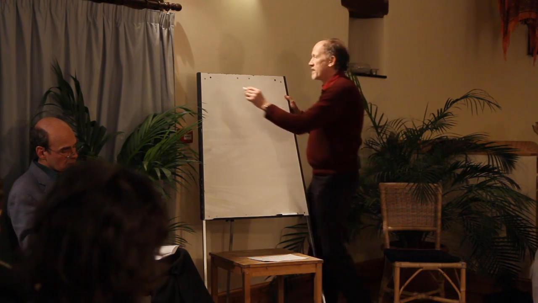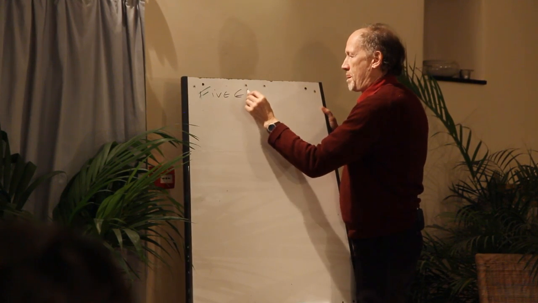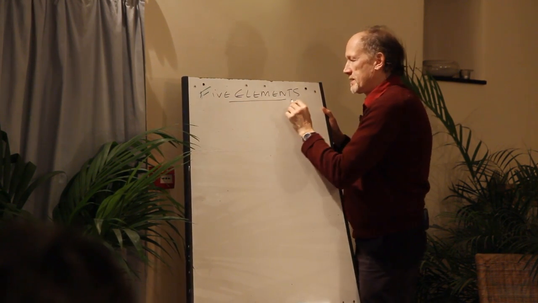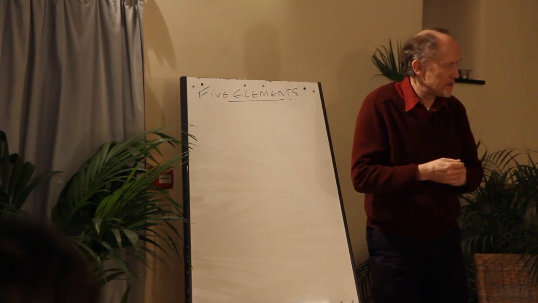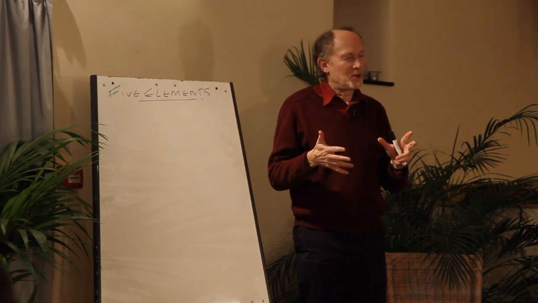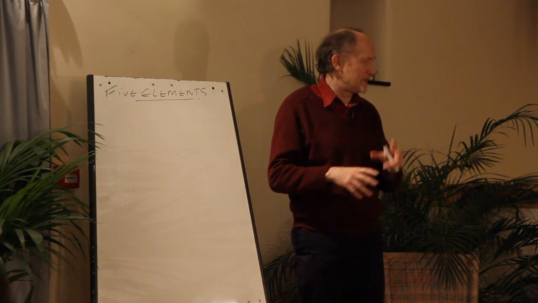Then the next theory on is the five transformations, or sometimes it's called five elements. And this is saying that everything occurs in five. Anything you look at has five different qualities in it.